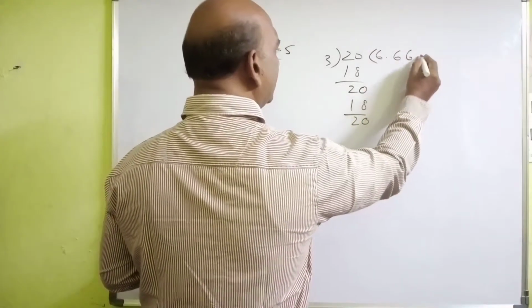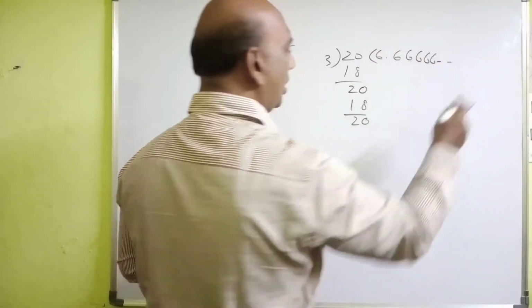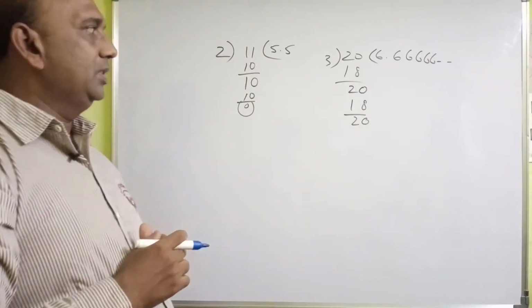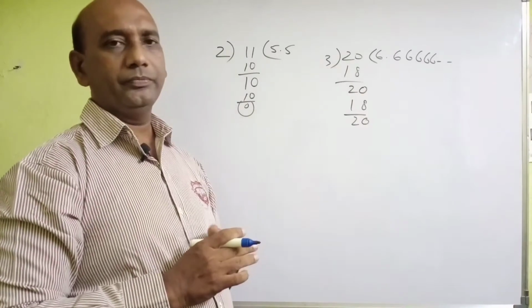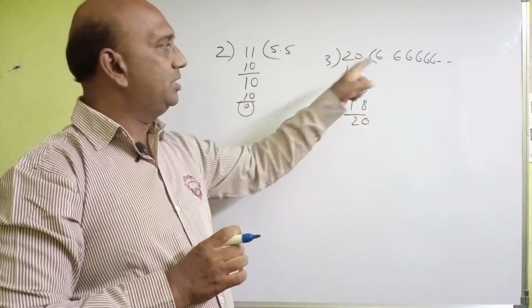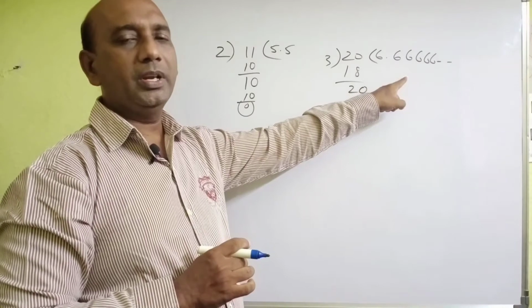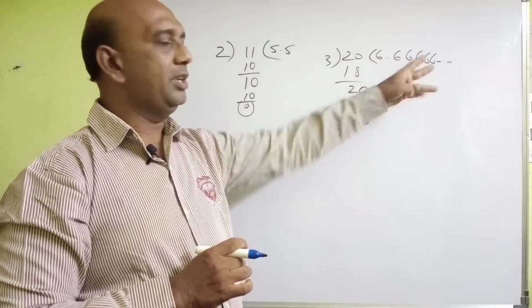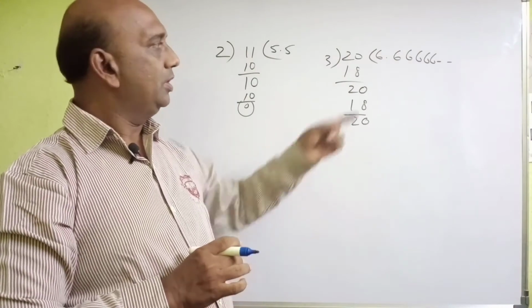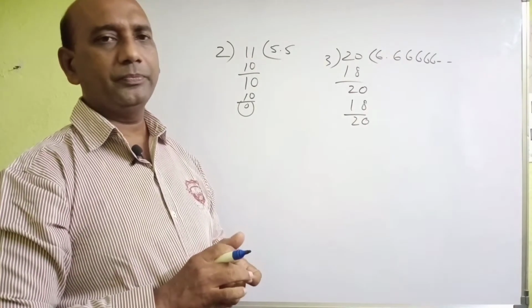If you go on like this, 6, 6, 6 and so on, this will not terminate. The division continued. So this is called a non-terminating decimal. Here the division is not completing, it is repeating.